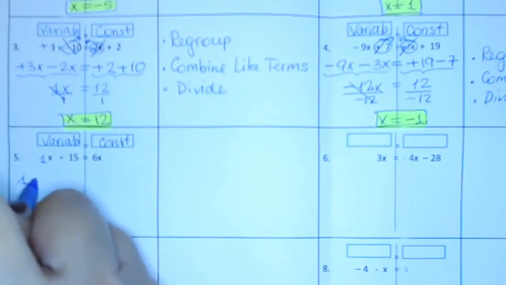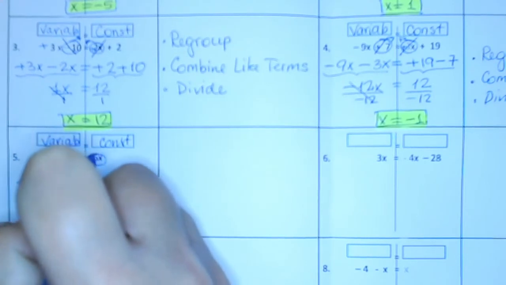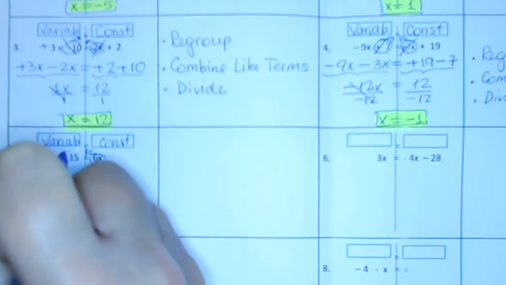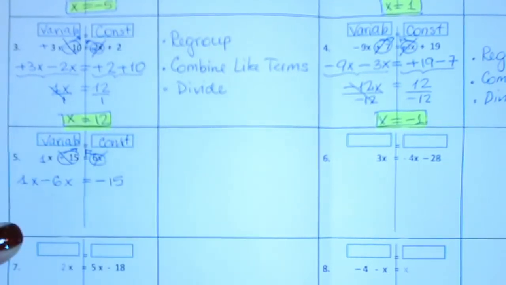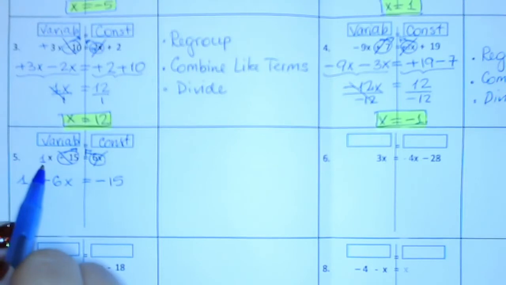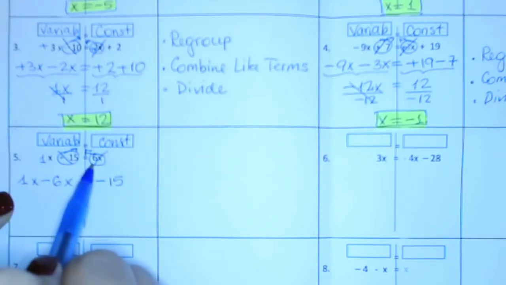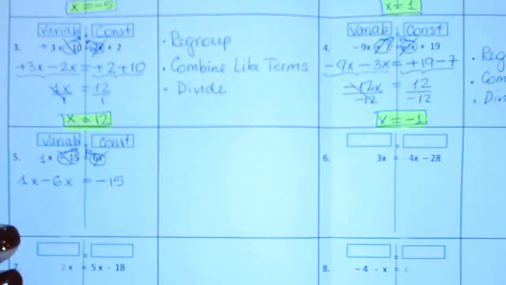So 1x minus 6x will equal negative 15. This positive 15, we need to pass over. So 1x was on the left, stays on the left. Same way, 6x was positive, so we need to inverse the operation or subtract it from here, minus 6x. And then minus 15 on the right goes.